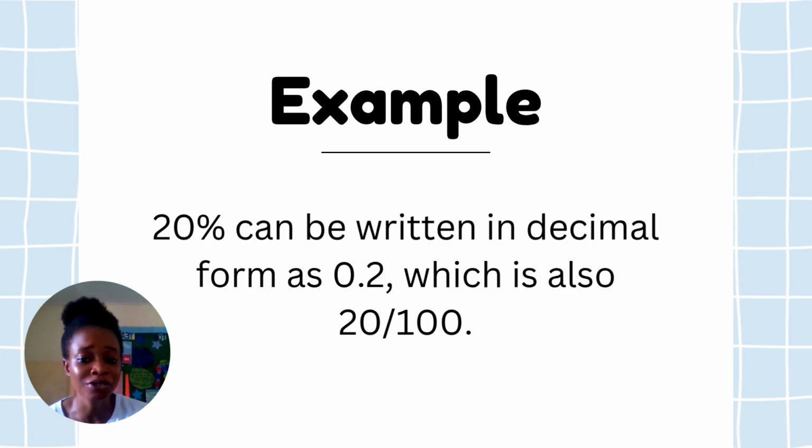Now that 20 over 100 as a fraction, you can also represent as a decimal. When you do 20 divided by 100, it will give you 0.2. So that tells us that you can represent your percentages as fractions, and you can also represent percentages as decimals. How cool is that?